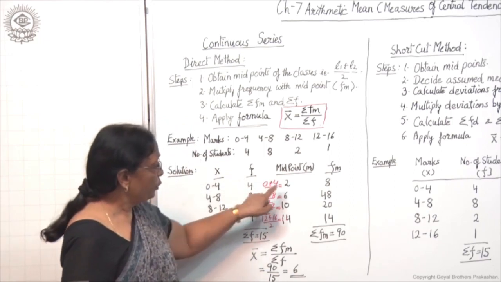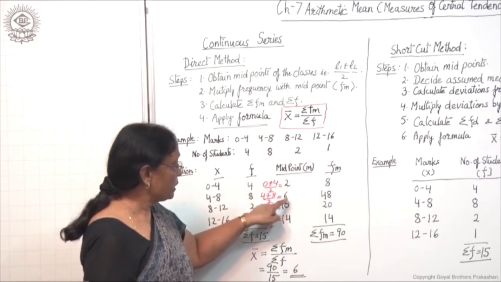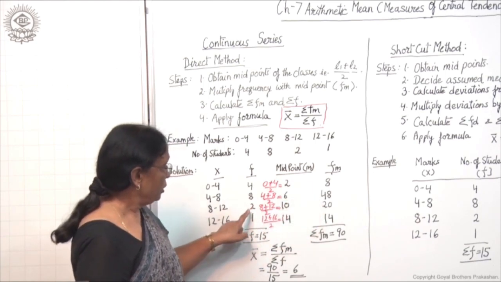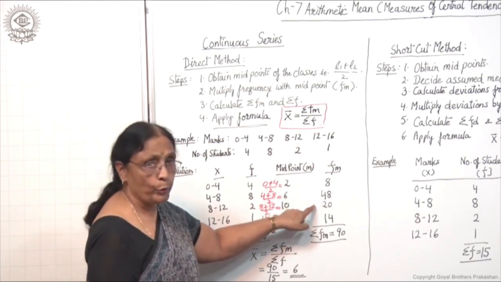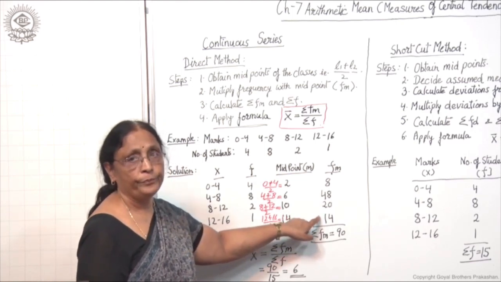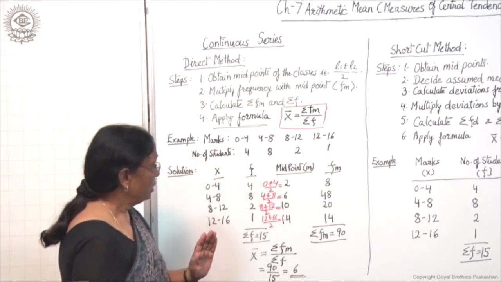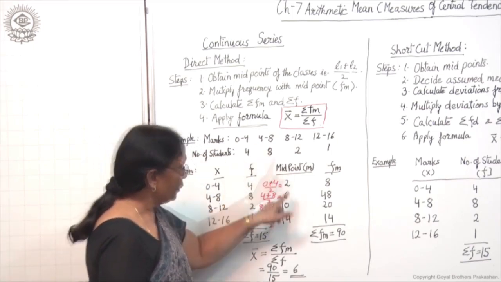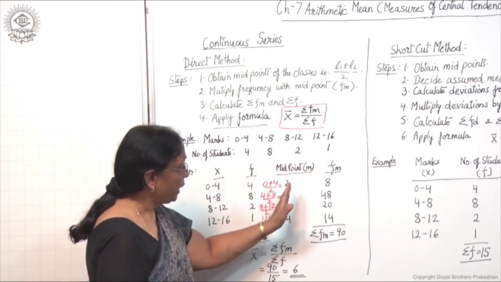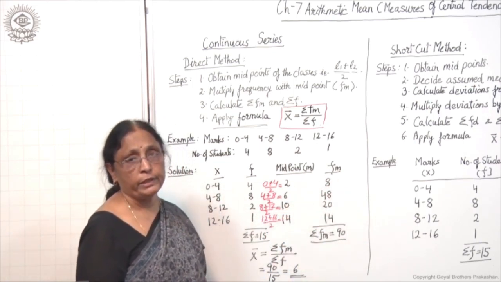So 4 into 2 is equal to 8, 8 into 6 is equal to 48, 2 into 10 is equal to 20, 1 into 14 is equal to 14. So you are multiplying these two, right? First you have calculated the midpoints, and then you have multiplied midpoints with the frequency.